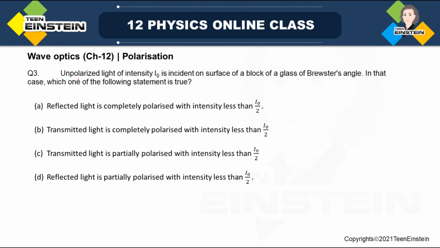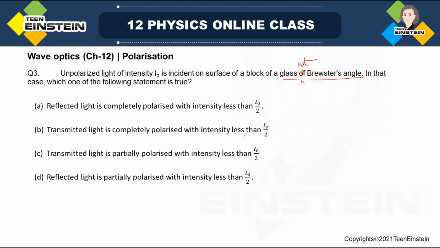Unpolarized light of intensity I0 is incident on a block of glass at Brewster's angle. In that case, which of the following is true?